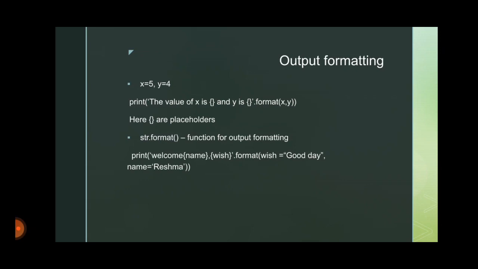Name and wish are specified within the curly braces, and all this is specified in single quotes. Dot format, and the values of wish and name are specified within the format section. Wish is good day and name is equal to Reshma. So the output will be: welcome Reshma, good day.